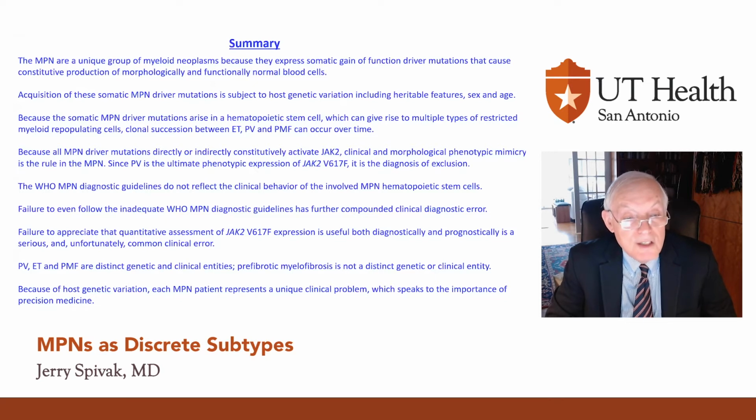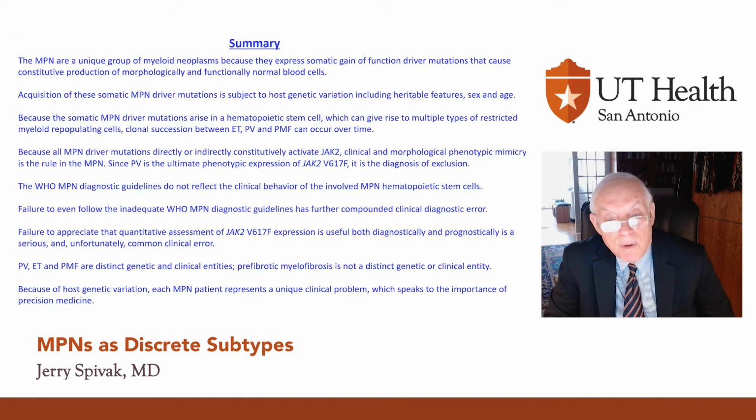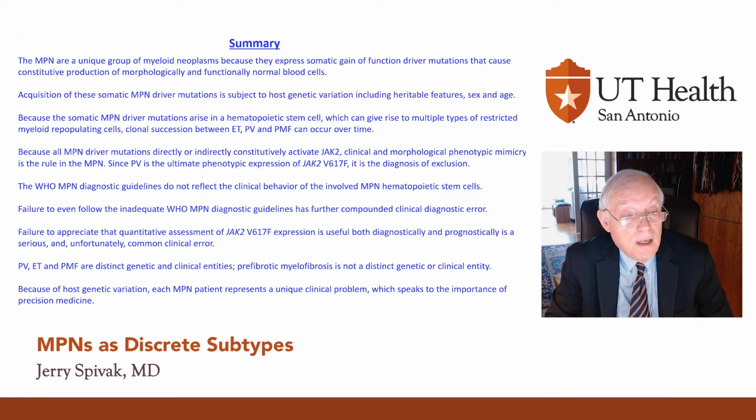PV and ET are distinct genetically and clinically. Prefibrotic myelofibrosis is not a distinct genetic or clinical entity, and because of host genetic variation, each MPN patient represents a unique clinical problem, which speaks to the importance of precision medicine and coming to agreement on appropriate diagnostic criteria for these disorders.